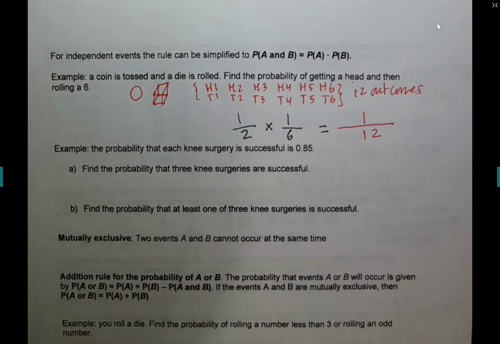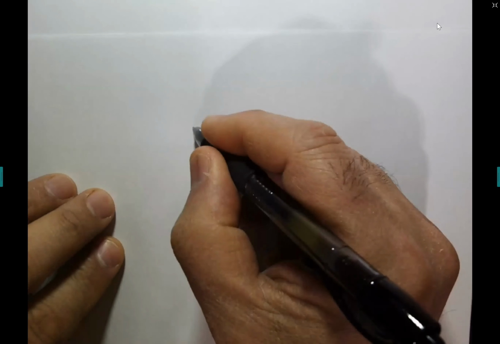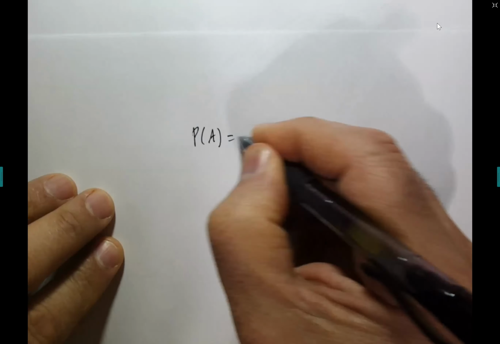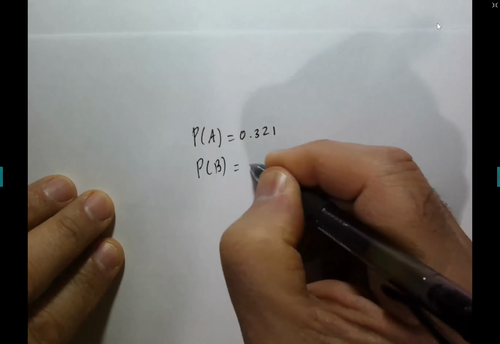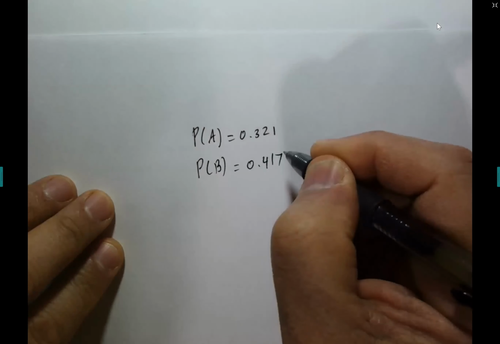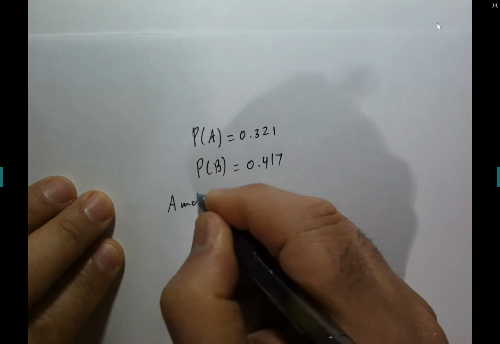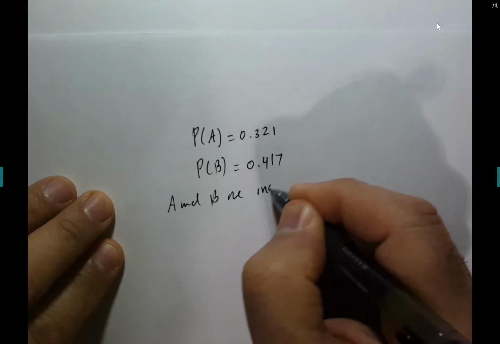So here's a possible question, guys, in your homework. Very easy question. He gives you probability of A is 0.321. He gives you probability of B to be 0.417. And he tells you A and B are independent.